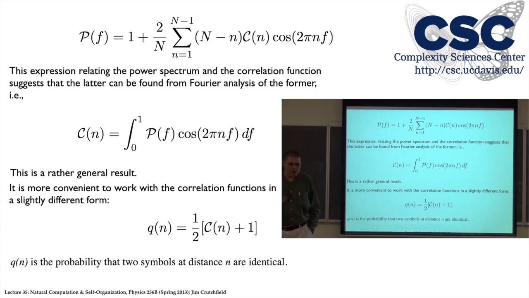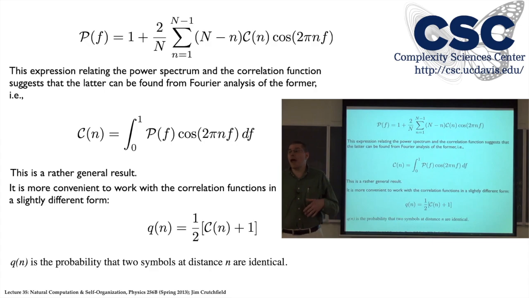This is just a very standard mathematical trick or process that one does. So if I'm given the power spectrum, I can find all the correlation functions. I can get them all very quickly, very easily. That's not a problem. Now you'll notice that when I do this, I've integrated from 0 to 1. I, in fact, did not have to integrate from 0 to 1. I only had to integrate over a unit interval of frequency.